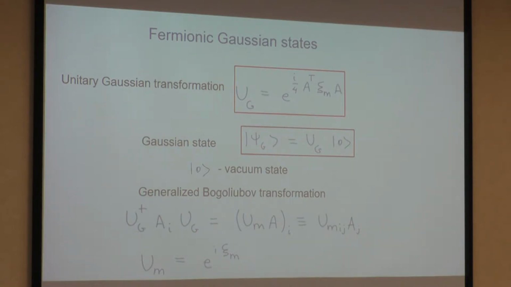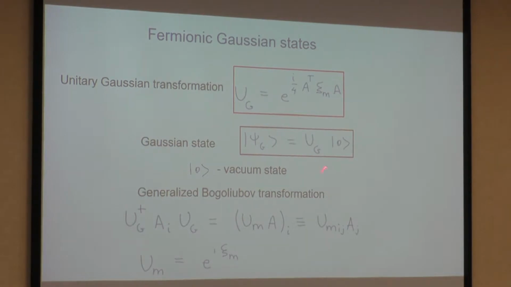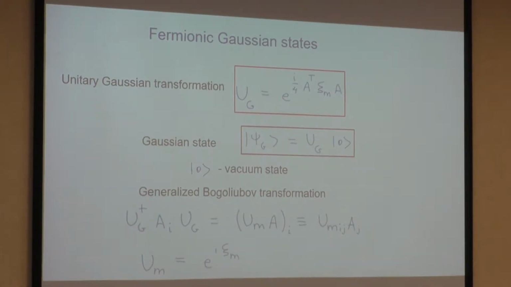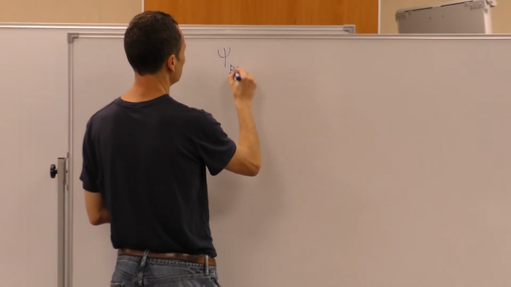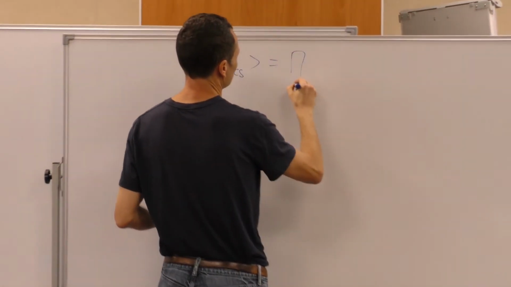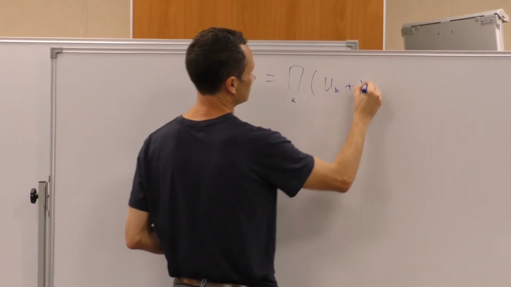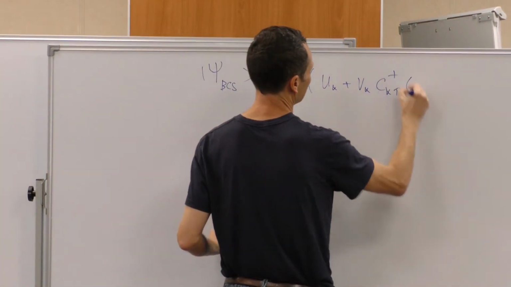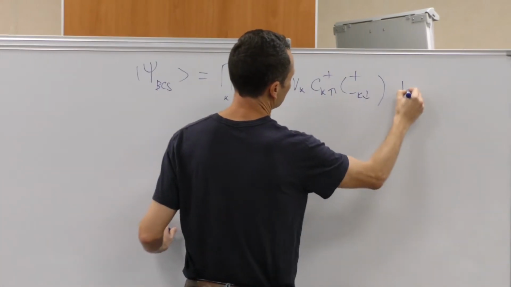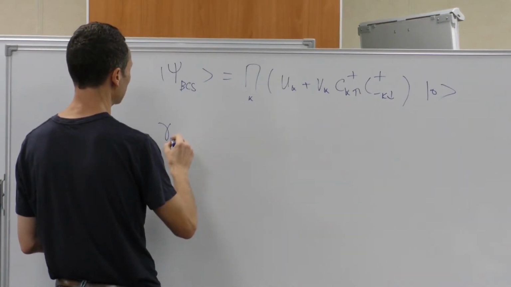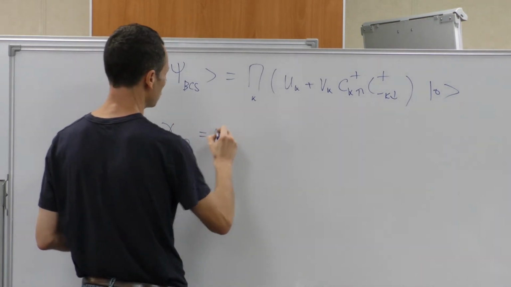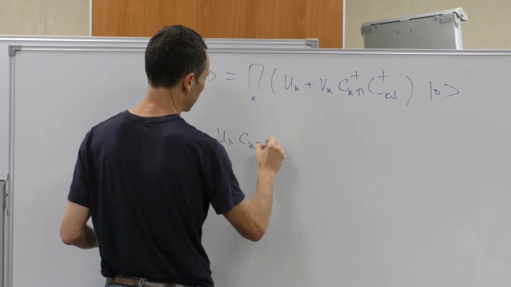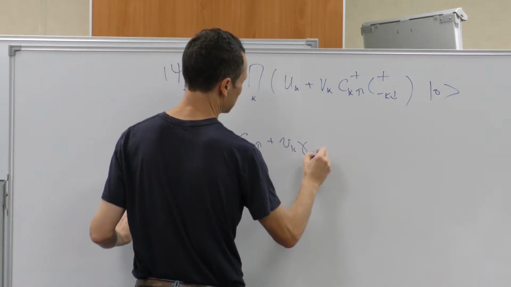And so you can think about this operator as something that generalizes the Bogoliubov transformation. Just recall that in our usual BCS wave function, psi BCS is a product over k of (u_k + v_k ...) on the vacuum, and then to construct actual excitations, we have transformations which look like u_k c_{k up} plus v_k c_{-k down} dagger.